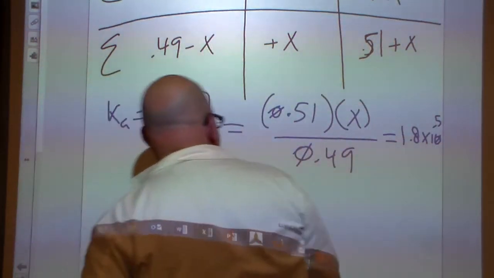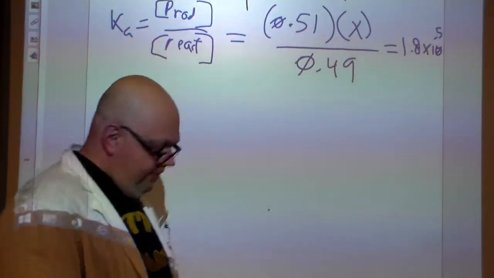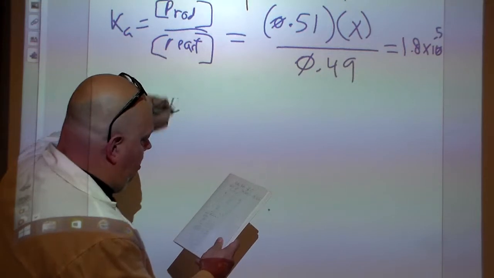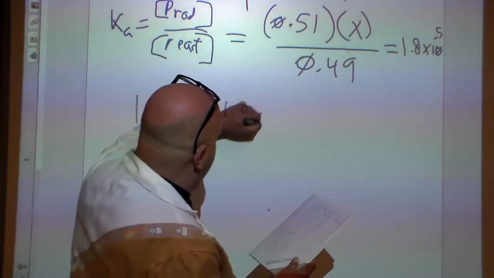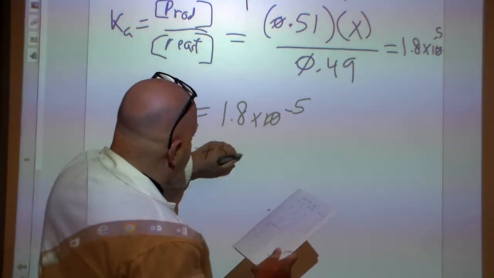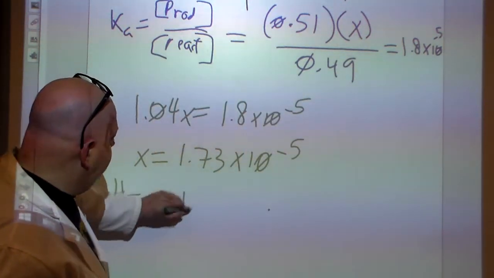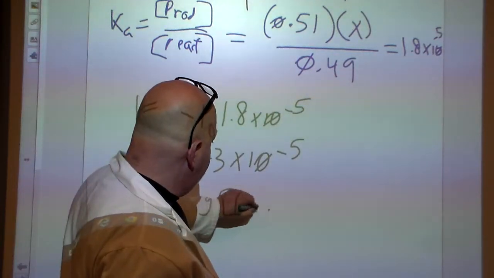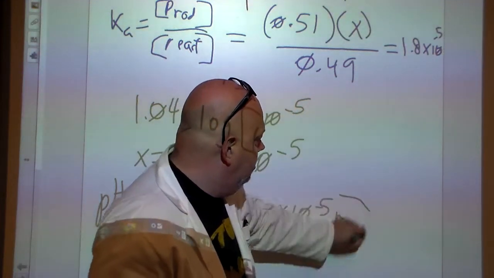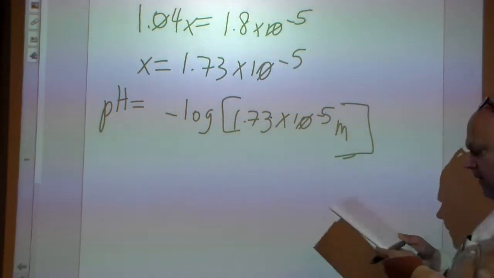Now, I've got to wrap up here. So we're going to go 1.04 x equals 1.8 times 10 to the minus 5. So x is going to equal 1.73 times 10 to the minus 5. pH is equal to the negative log of 1.73 times 10 to the minus 5 molar.